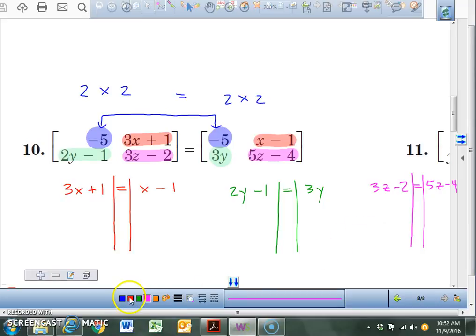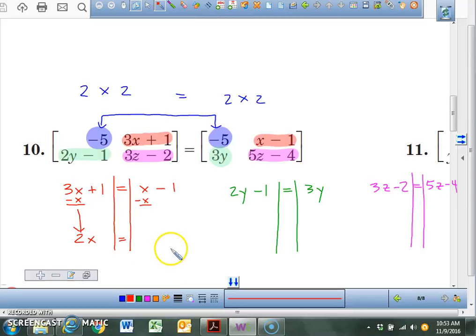The left. If I have all of my x's on the left, then I want to move all of my x's to the left. So I'm going to take away an x here, and I'm going to take away an x here. And now I'm left with simply 2 x's. If I move all of my variables to the left side of the equal sign, it means I need to move all my numbers to the right side of the equal sign. So how do I get rid of a plus 1?